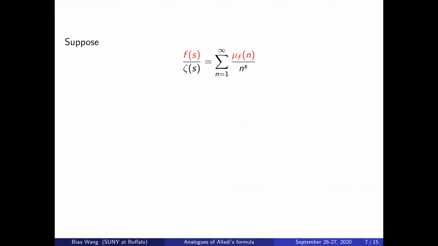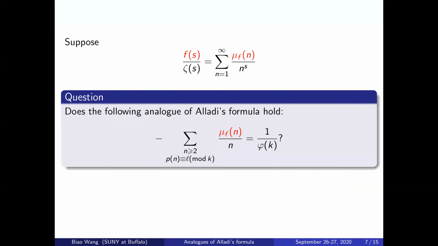And then if we write out the Dirichlet series for this fraction, then a natural question is, do we still have Alladi's formula? So in other words, what if we replace the numerator mu of n by other arithmetic functions in Alladi's formula?